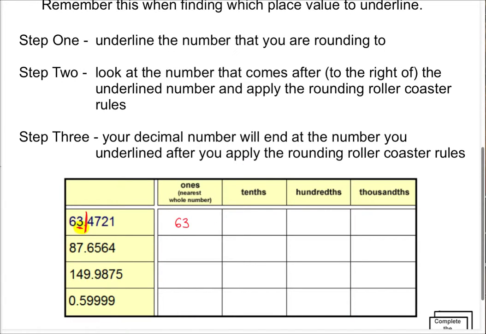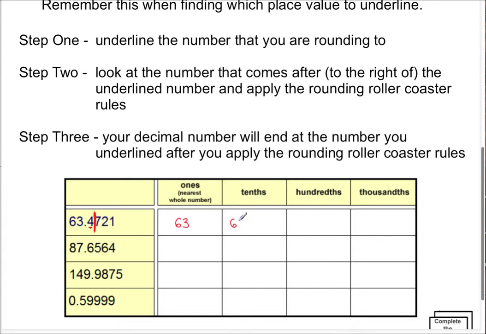Okay. Now I'm going to take my eraser, erase that, and we're going to do this again to the tenths. Now remember, tenths is the first number after the decimal place. So we're going to think about this line here, and we're going to look after it. Is the next one after the line strong enough to push that 4 to a 5, or is it going to stay a 4 and roll backwards on a rounding roller coaster? Well, 7 is 5 or bigger, so it's going to push that 4 to be a 5.